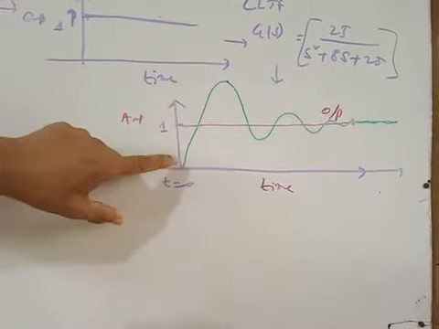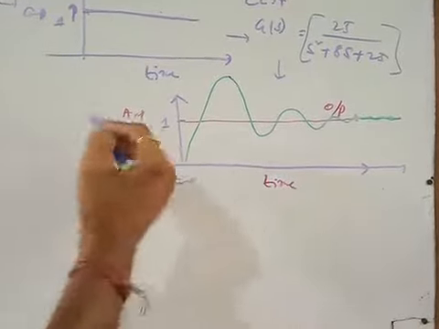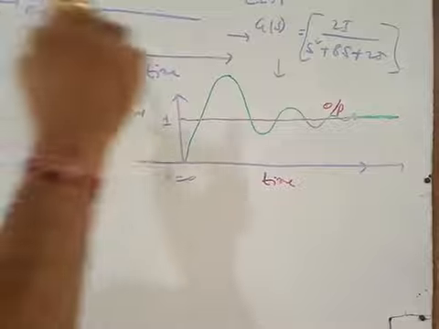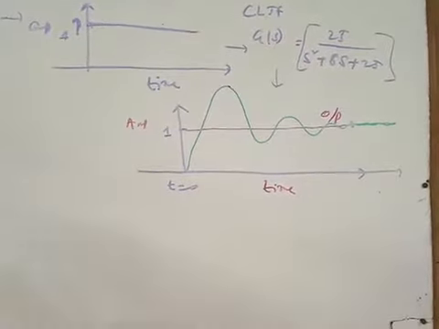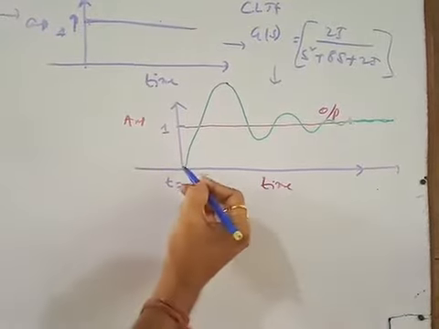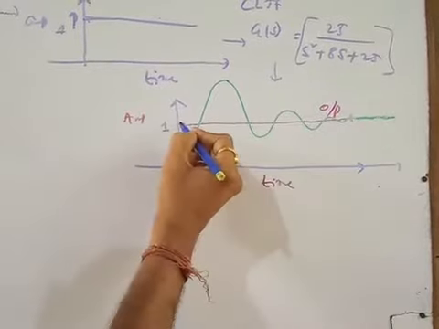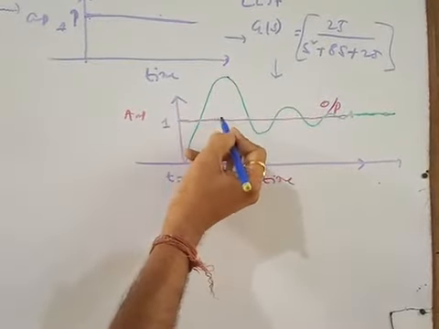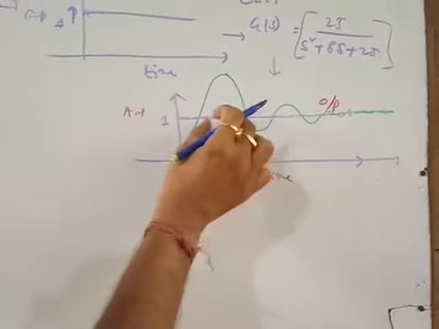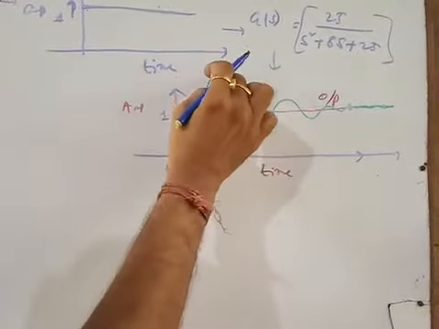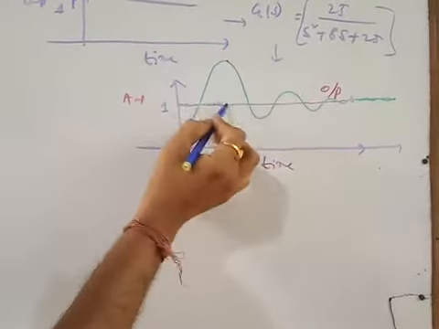That means initially when you start at t equal to 0, you switch on this system. That means you have applied the step input. This step unit goes through this system, and depending upon the system and input, some output is generated. There is an oscillatory part, an oscillation about the desired point. This is your desired value, and the output is trying to reach that value. But initially the output signal goes above the desired value.